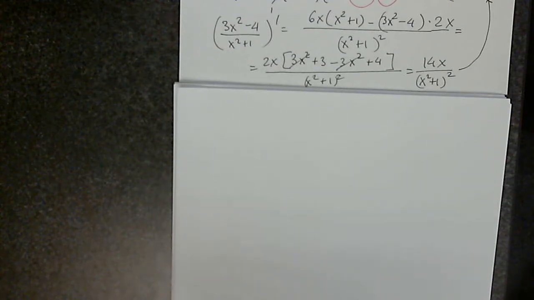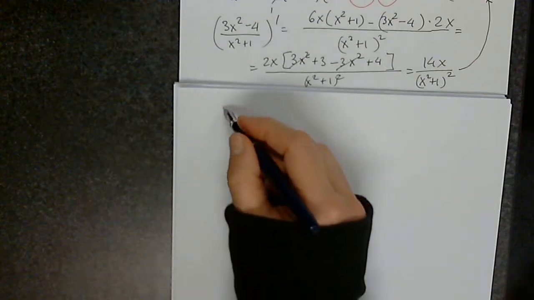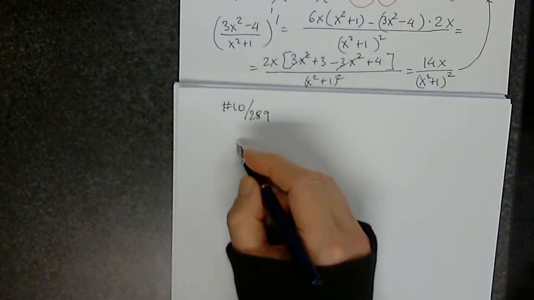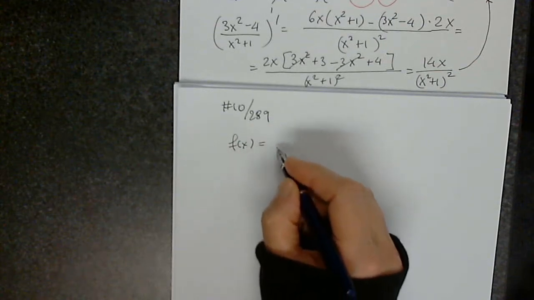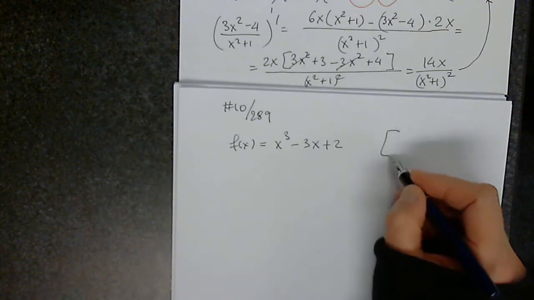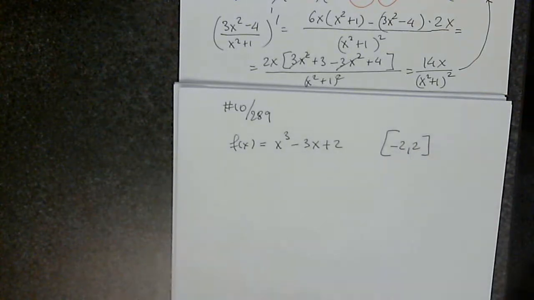Okay, so let's say problem 10 on page 289. And we have f of x, which is x cubed minus 3x plus 2, and the interval is -2, 2. Verify that the function satisfies the hypothesis of the mean value theorem on the given interval. Then find all numbers c that satisfy the condition. The conclusion, I'm sorry, of the mean value theorem.